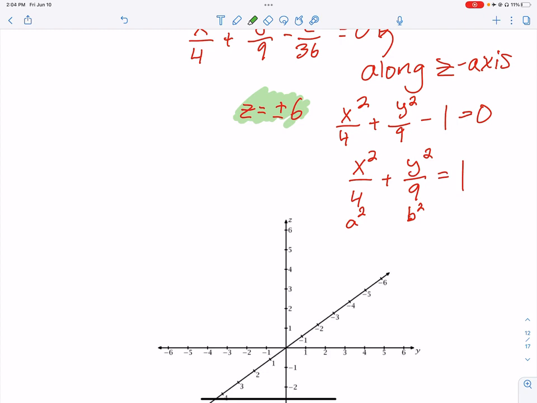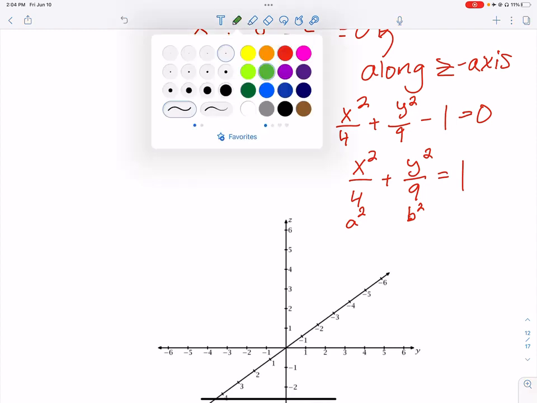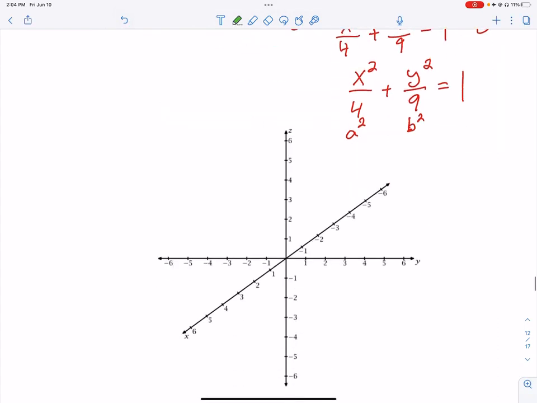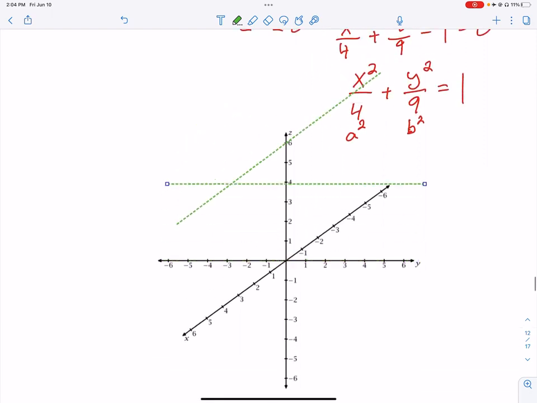We would need to graph this up here at the top. So I'm going to put some axes there. Make one parallel with the x, and make one parallel with the y. All right, cool.